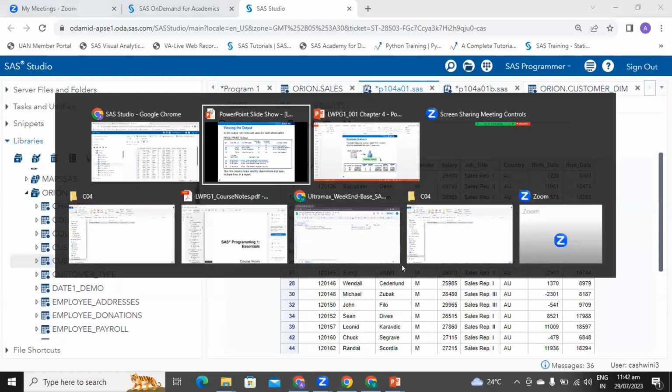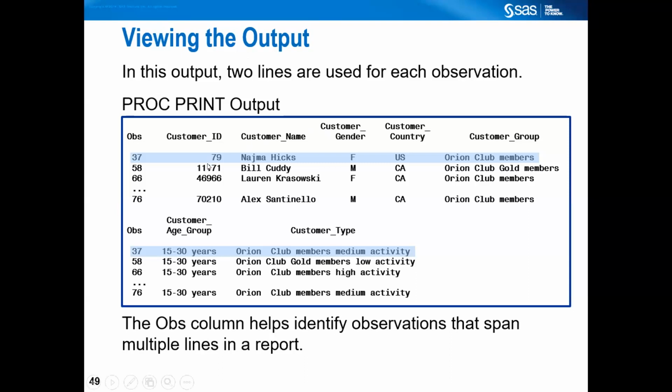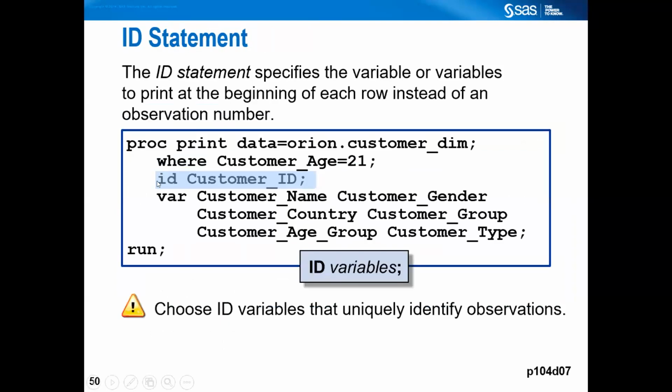But in case you want to mark on the basis of a common column or an identifying keyword for your report, we can identify the observations not on the obvious column, but on the ID column. So you can make use of an independent ID statement on your key column called customer ID.